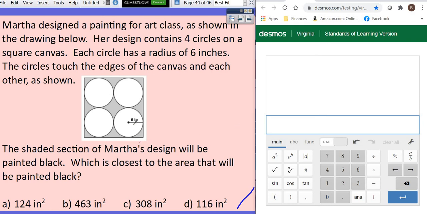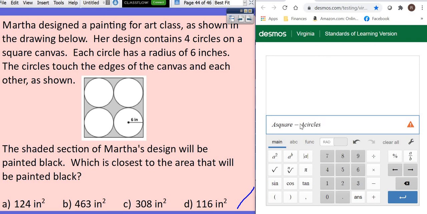Well, we know the radius of the circle, and we know when shapes are on top of each other, we're going to have to do some subtracting. When shapes are side by side, you add. But when they're on top of each other, you do the biggest one first. So we're going to do the area of the square. I'm just typing so I remember what I'm doing. And I'm going to subtract the area of 4 circles.